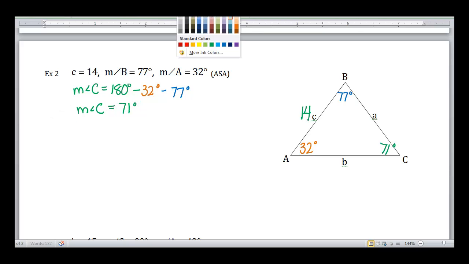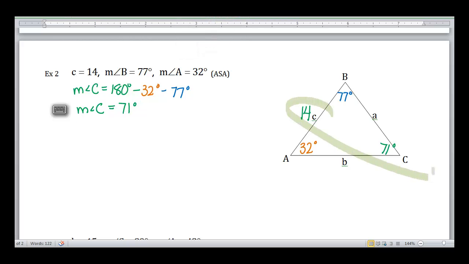Again, I needed to know this so that I had one ratio to start with that I knew both its angle and opposite side length. Once you know that, we're going to have to solve for both side A and side B. It doesn't really matter which one you choose.